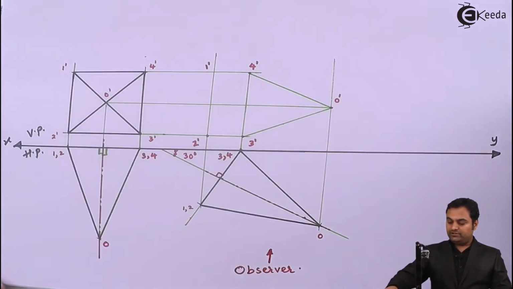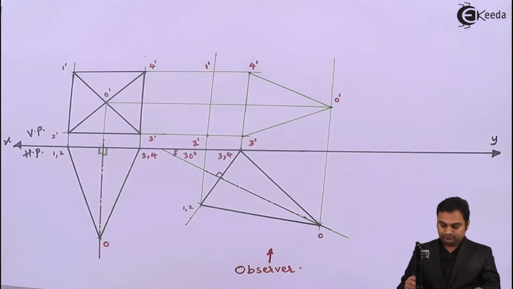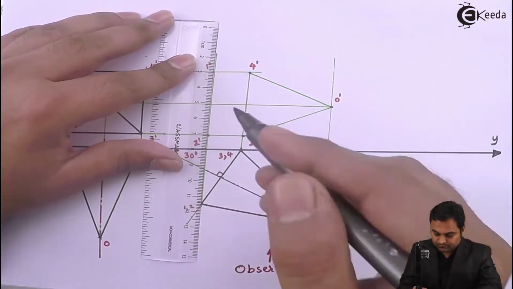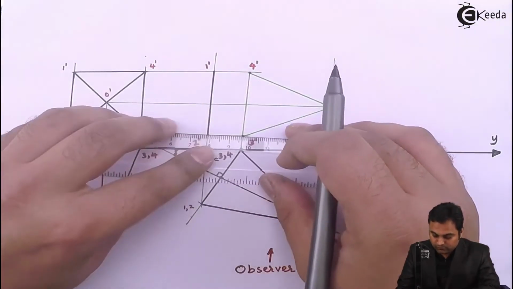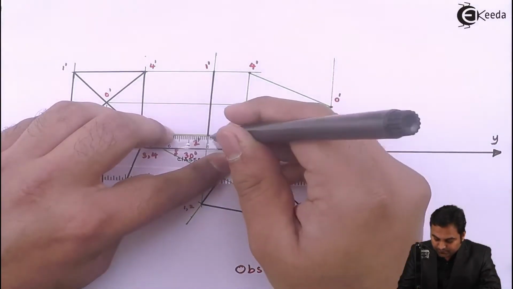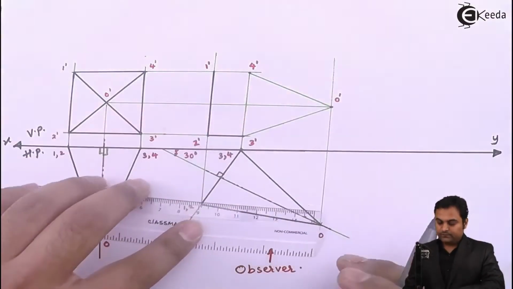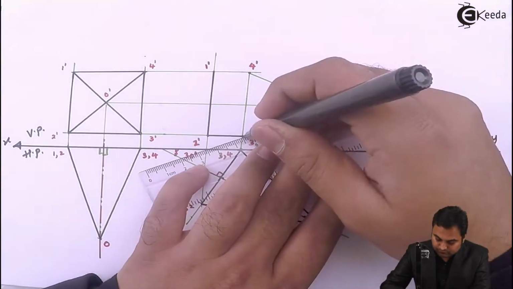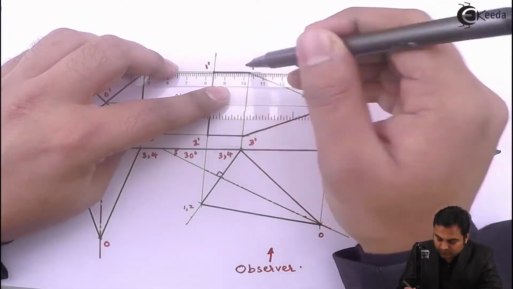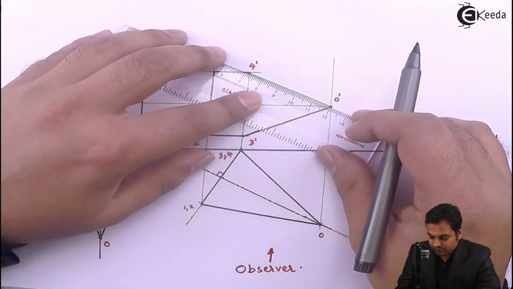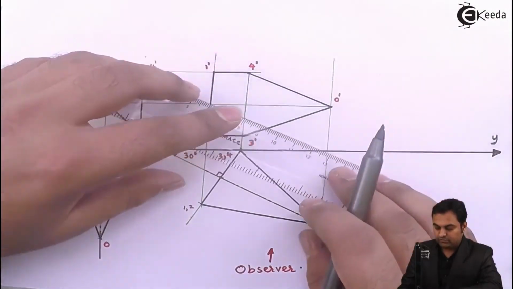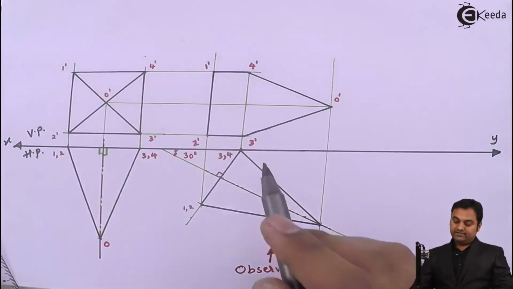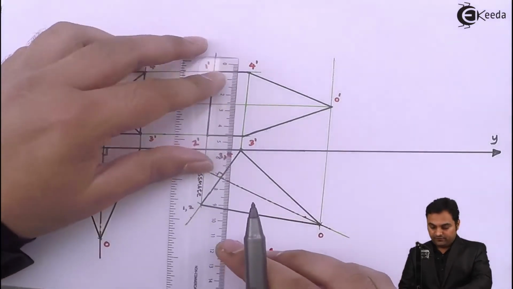When I am going to draw this, edge 1 dash 2 dash will be dark, 2 dash 3 dash will also be dark, then 3 dash to O dash, 1 dash to 4 dash, 4 dash to O dash. Now this much portion of the pyramid is visible, whereas edge 3 and 4 will be hidden, going behind the observer.